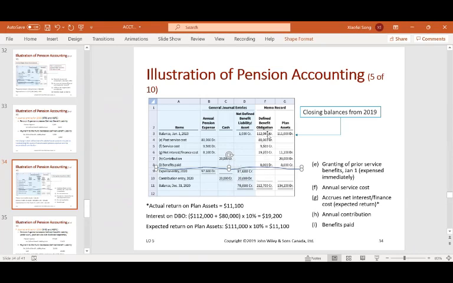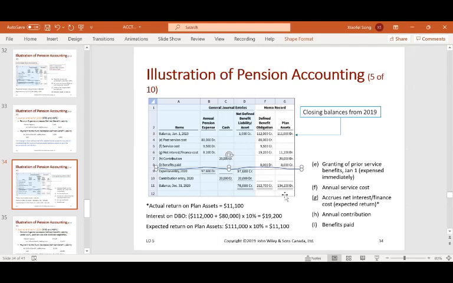If you tally up the changes in defined benefit obligation, which the continuity table will show, you will have a total defined benefit obligation of 212,700 at the end of the year. And the plan assets changed from 111,000 to 134,100.